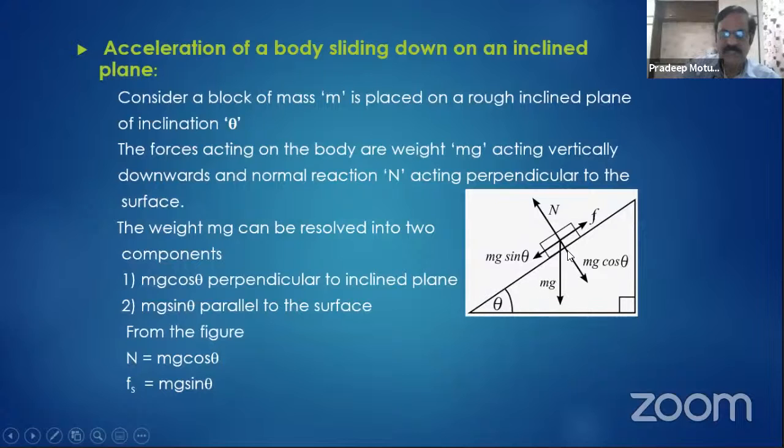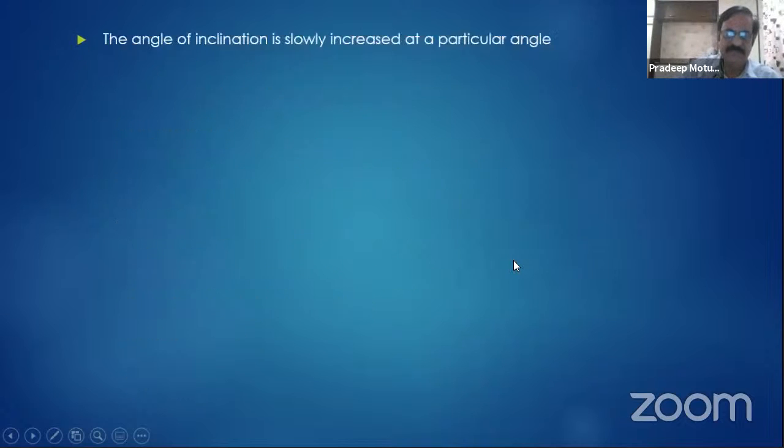These two forces act on the same line, opposite to each other, so you can equalize them. N is equal to mg cos theta, F is equal to mg sin theta.